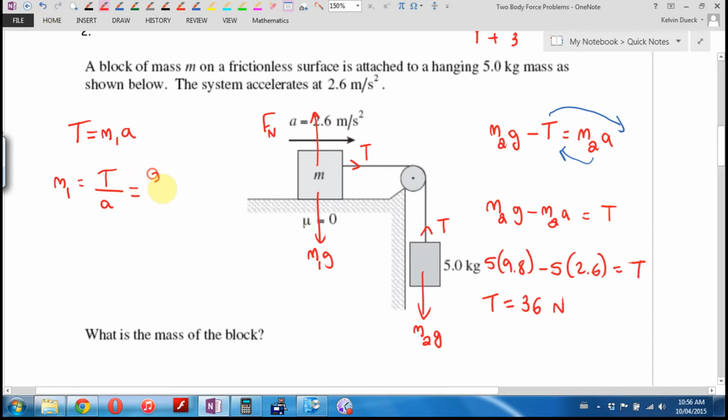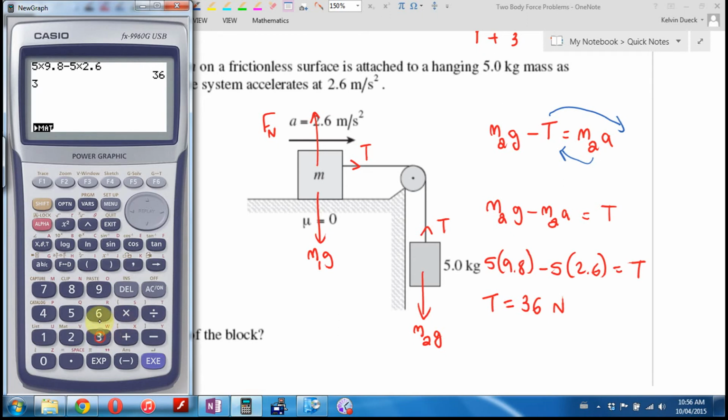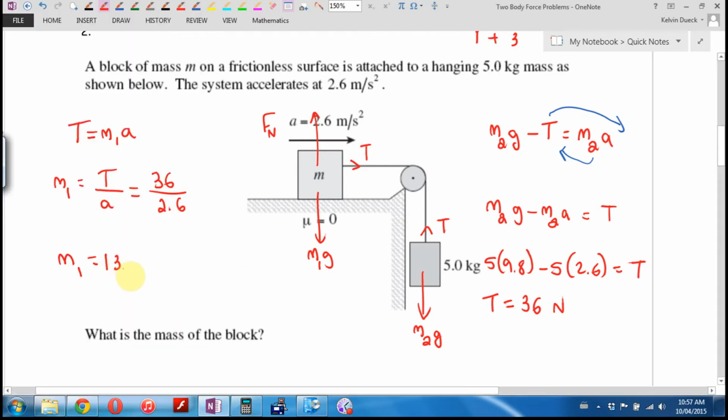It's going to be 36 divided by 2.6. Mass 1 is going to be 13.8, 14 kilograms. If you said that, I'll go 13.8 kilograms.